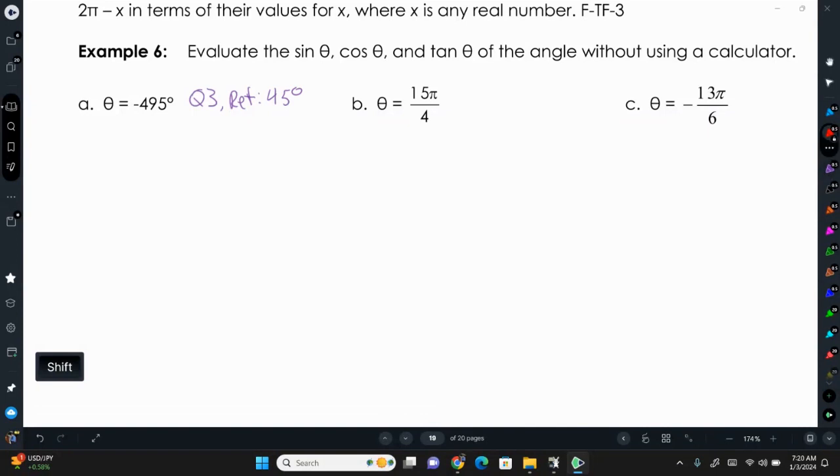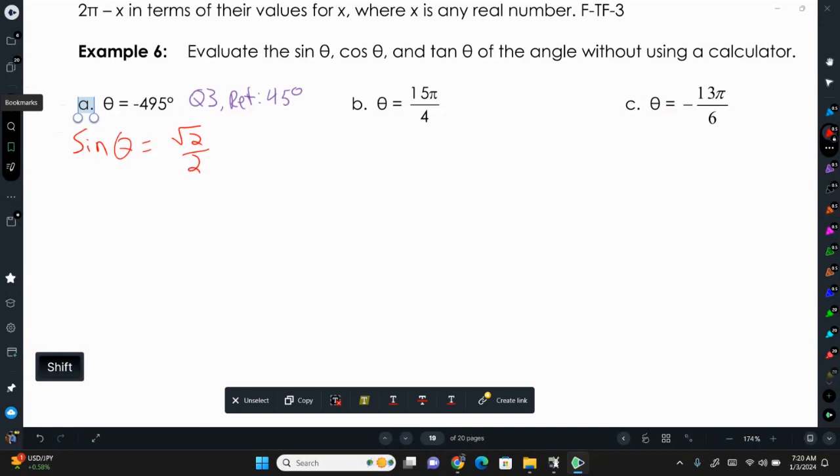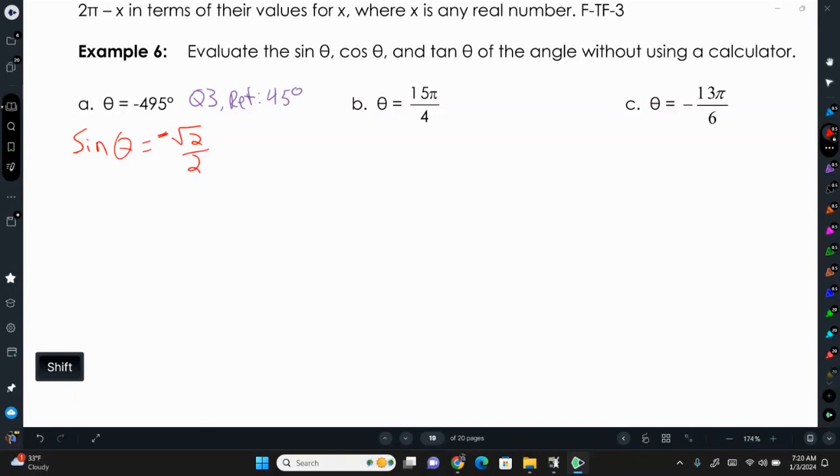So the sine of theta, because it is a 45-degree reference angle, is going to be the square root of 2 over 2, but because this angle is in quadrant 3, our sine value is negative. Cosine is also going to be negative square root of 2 over 2, and then the tangent is going to be positive 1, because in quadrant 3, tangent is positive.